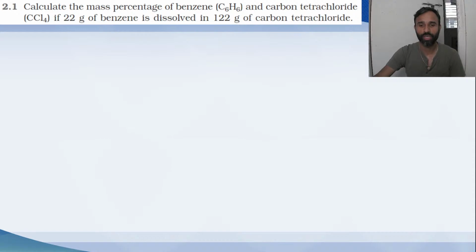See, the first question: calculate the mass percentage of benzene and carbon tetrachloride if 22 gram of benzene is dissolved in 122 gram of carbon tetrachloride.